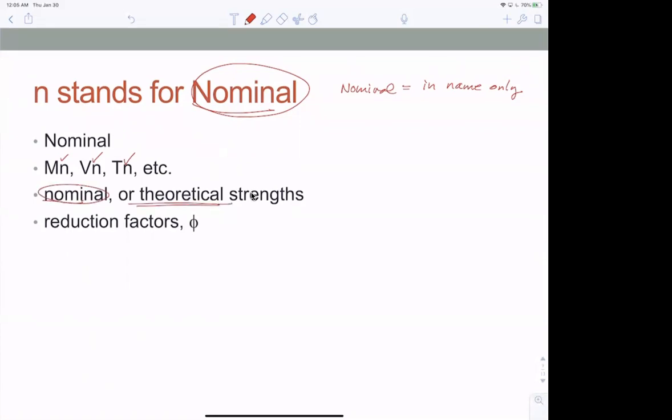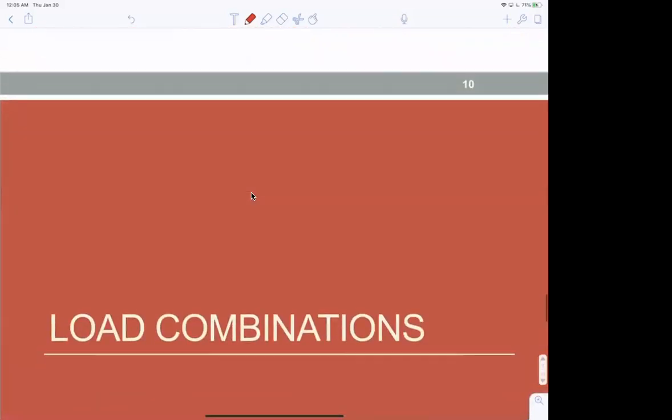To get the reliable strength, because something bad's going to happen, you reduce the nominal strength with a reduction factor, phi, and phi is less than 1. How much less than 1 depends on the uncertainty of the strength. Different strengths have different reduction factors. The moment reduction factor is not as much as the shear reduction factor because we understand moment better.